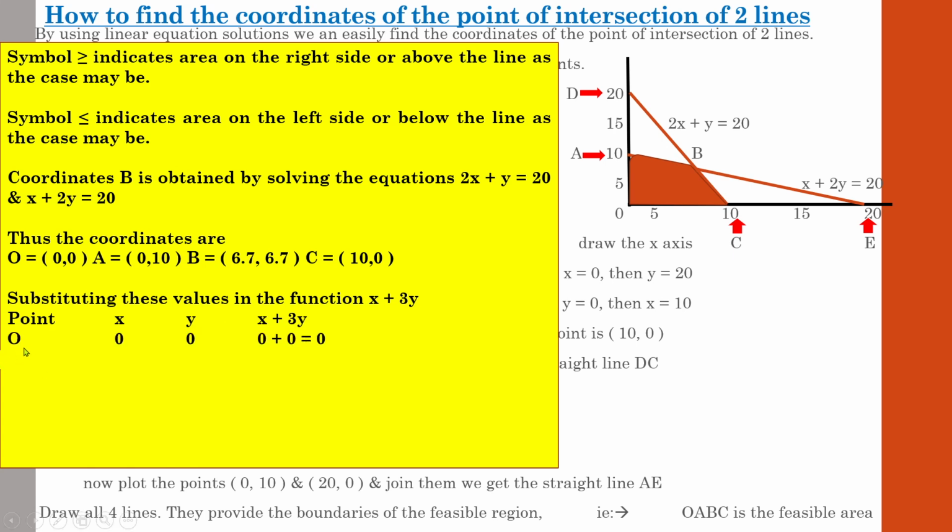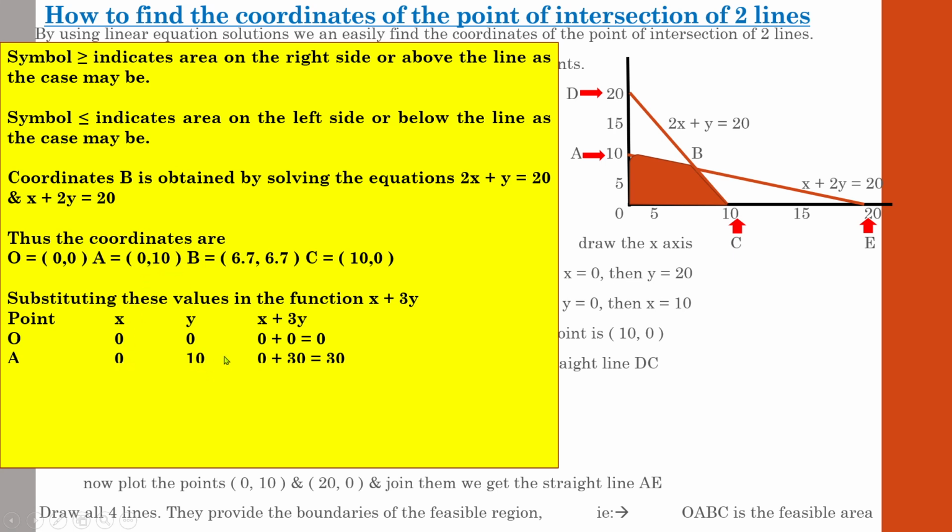First, at point O, what is the value of x? The value of x is 0, and y is also 0. If you substitute these 2 values in x plus 3y, you will get 0 plus 0, 0. That means at this point there is no maximization of profit. There is 0 profit. Next one, at point A, x is 0, but y is 10.